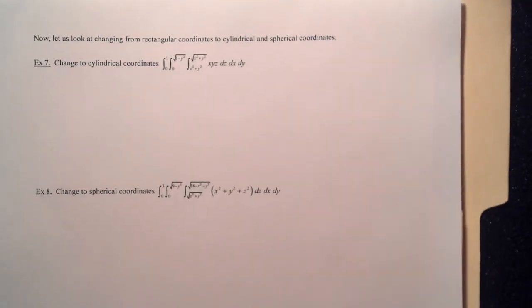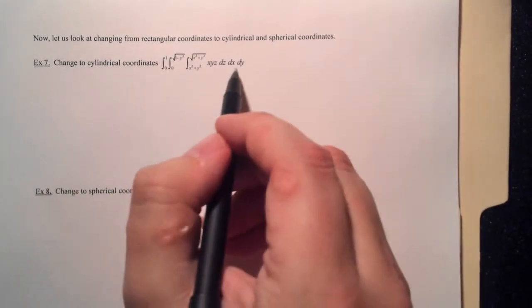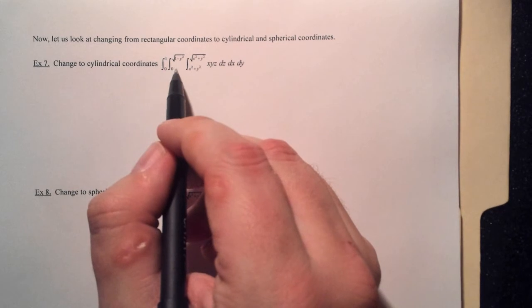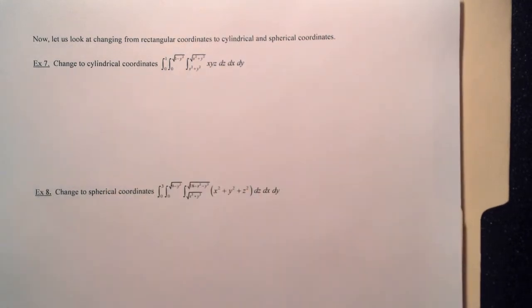All right, so another big part of this is not just understanding how to set up the integrals and certainly how to evaluate them. We want to be able to convert between rectangular, cylindrical, and spherical coordinates depending on what's most convenient, depending on what works. So if I want to change to cylindrical coordinates up here, I want to change from these bounds: 0 to 1 are my bounds for y, these are my bounds for x, these are my bounds for z.